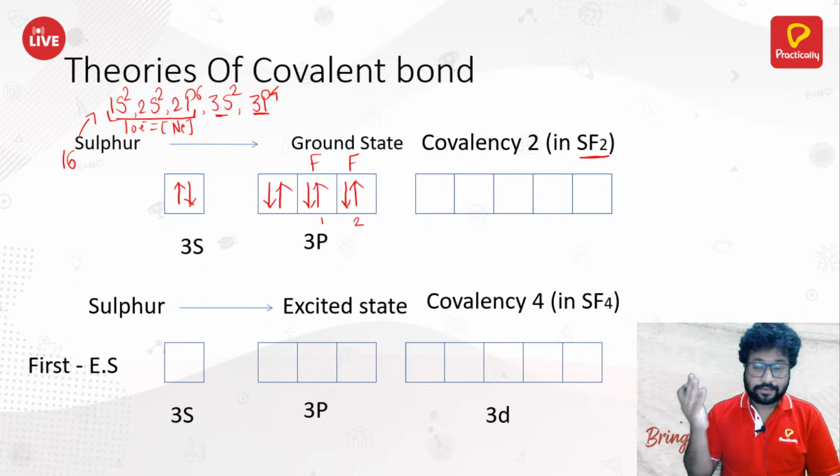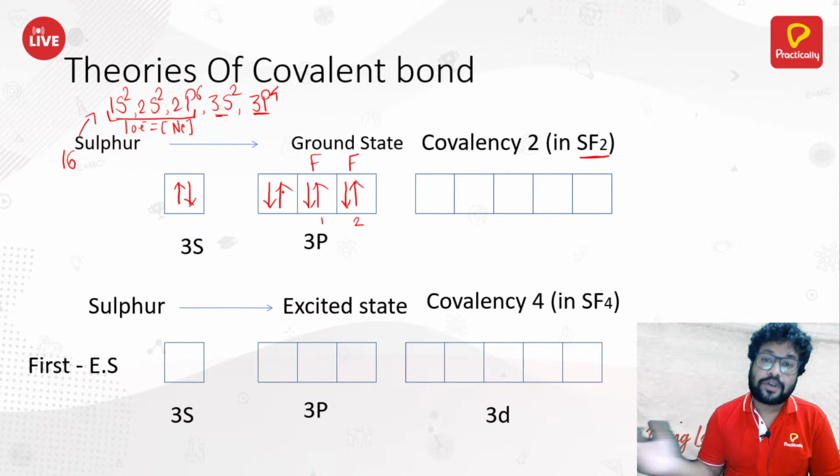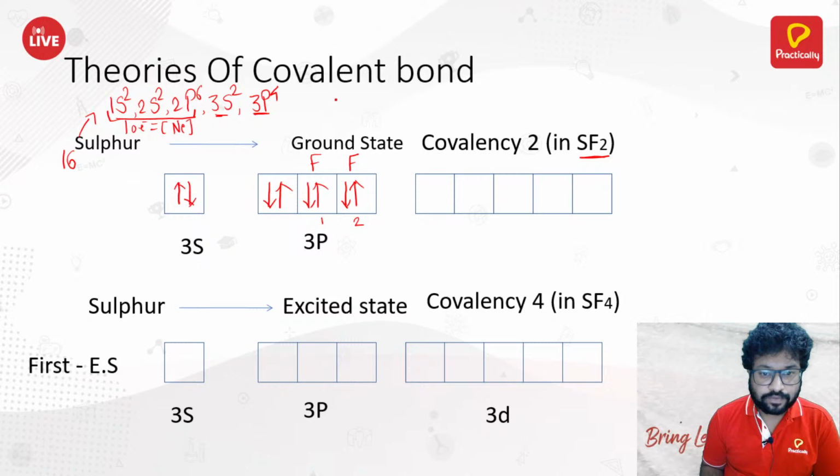Now suppose the sulfur gets excited to its first excited state. Now what happens in first excited state? In first excited state, if you come from the outside, let me tell you, this is your outside, from here you're going inwards.